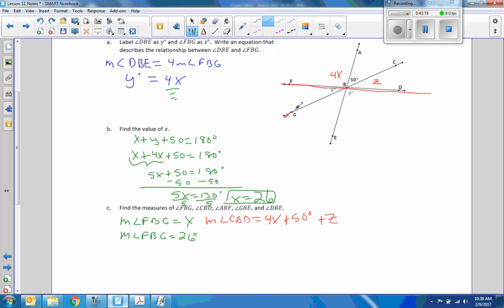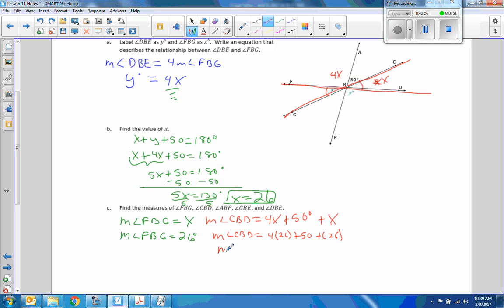Or do we? Here's another straight line. These are vertical, so I will call it x. They are congruent. And these are the things that you have to think about and look at when you're doing these problems. So I can call that x because it's vertical to FBG. So the measure of angle CBD would be 4 times 26, plus 50 plus 26.